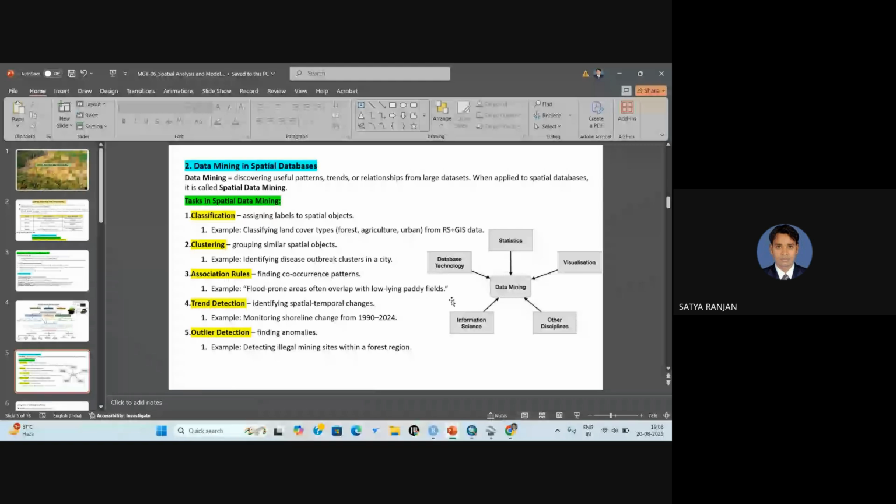Then association rules, like finding co-occurrence patterns. An example is that flood-prone areas often overlap with low-lying paddy fields. If we have a satellite image and elevation information, then we can easily predict which area will be affected more if a flood happens, due to the elevation information and the association with the land use pattern.